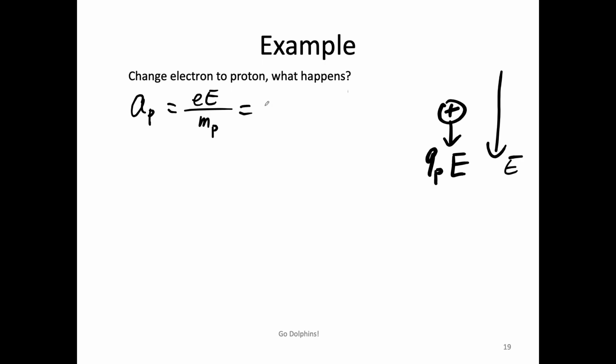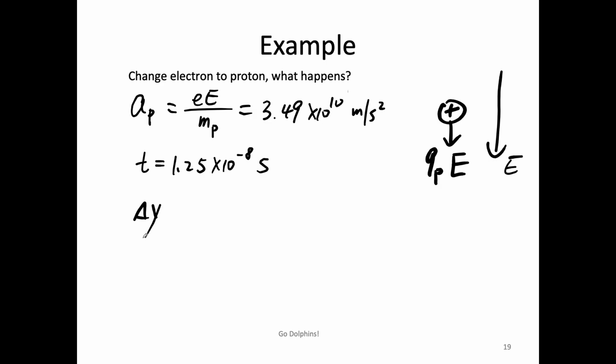The acceleration for the proton is going to be 3.49 times 10 to the 10th meters per second squared. t is still going to be 1.25 times 10 to the negative 8 second we discussed. The same in the x direction.